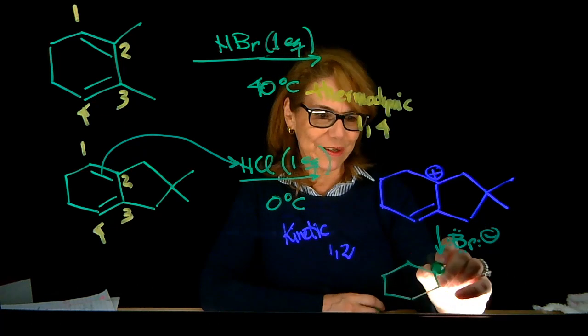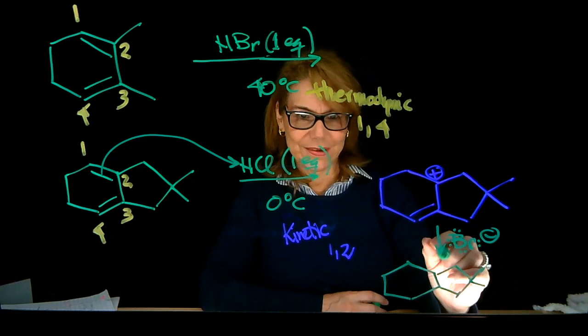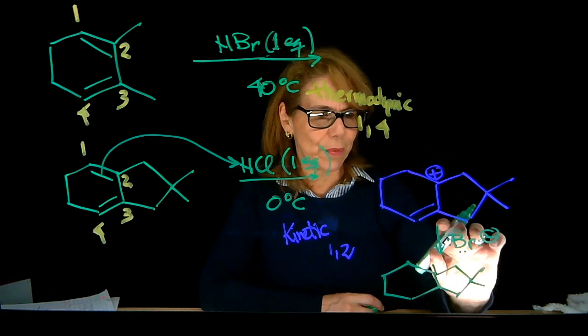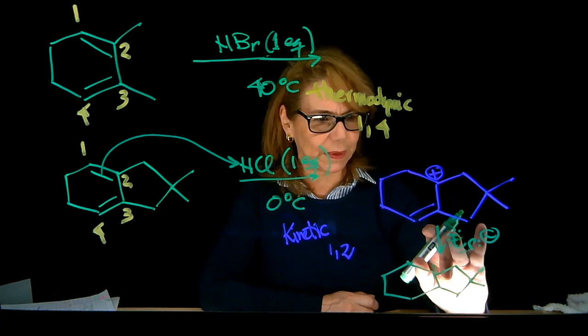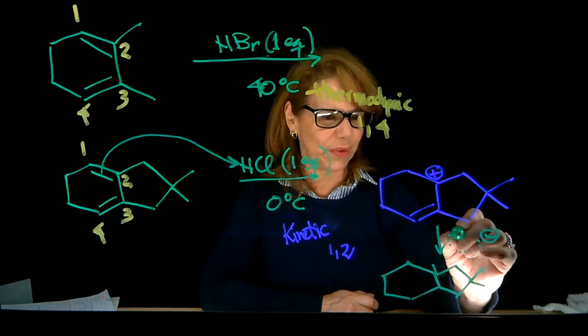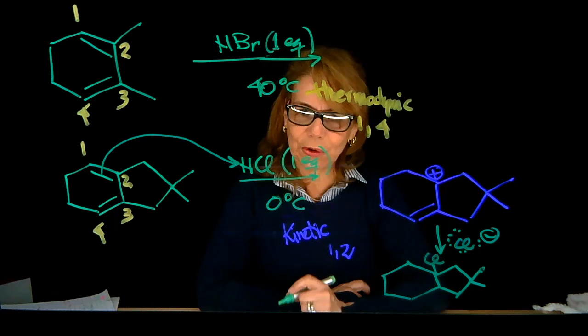I'm going to have to draw it smaller here. So bromine here. Well, that's not bromine, it's actually chlorine, but mechanistically speaking, it's the same. I was using hydrochloric acid, so this is a chlorine.